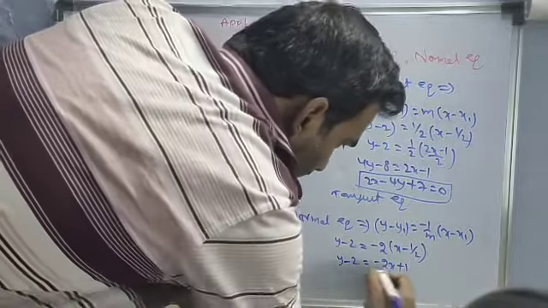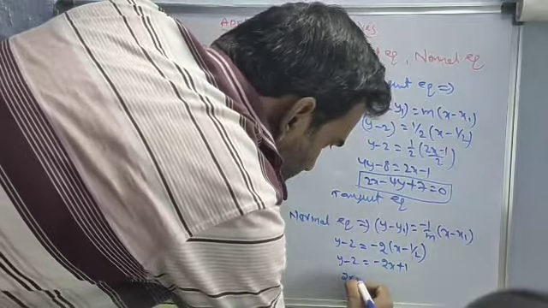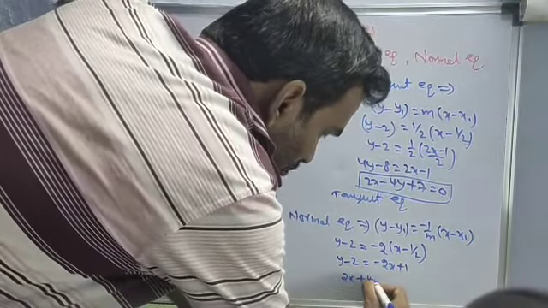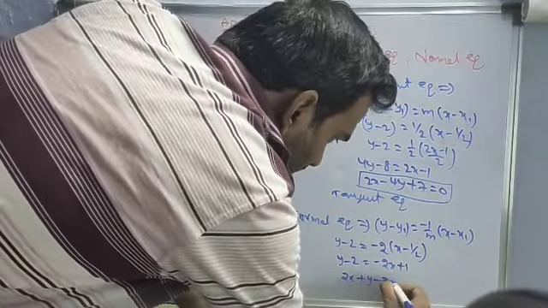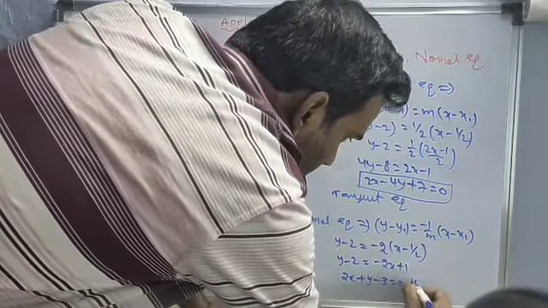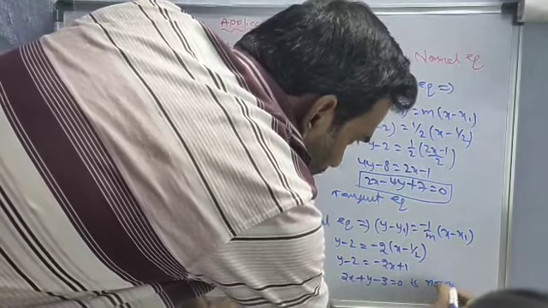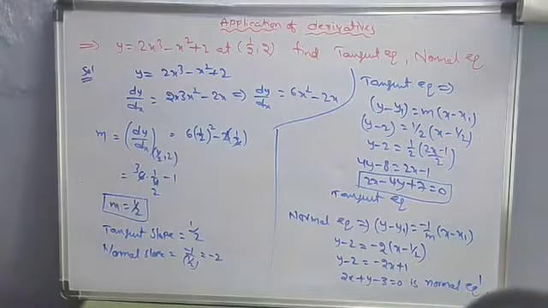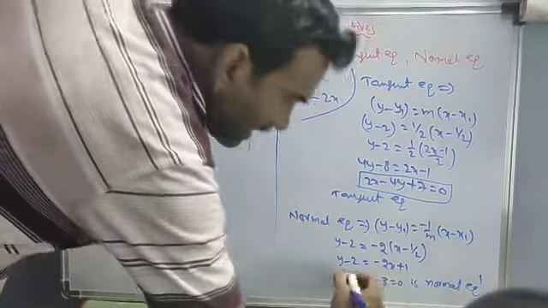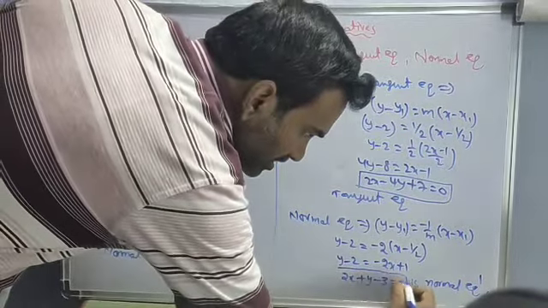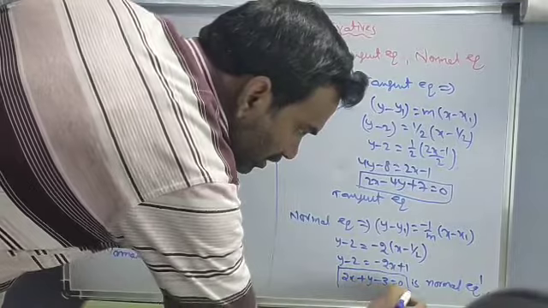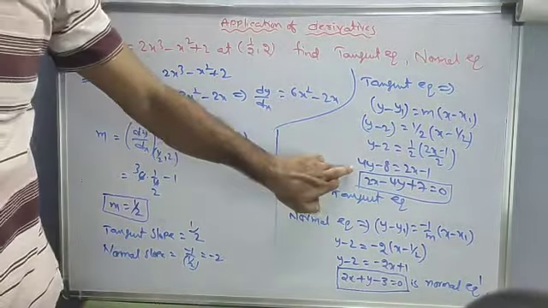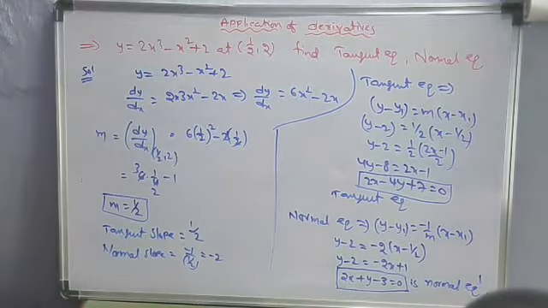So 2x plus y minus 3 equals 0 is the normal equation. So this is our concept, the tangent equation and the normal equation. I am putting these equations in the box.